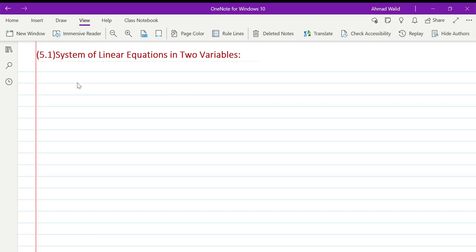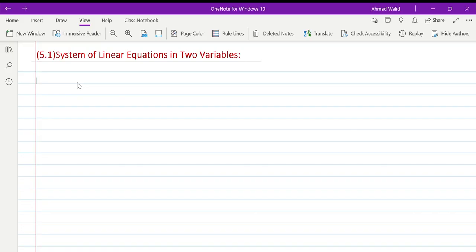Hello all, let's start chapter 5, the first section in chapter 5, 5.1, system of linear equations in two variables.